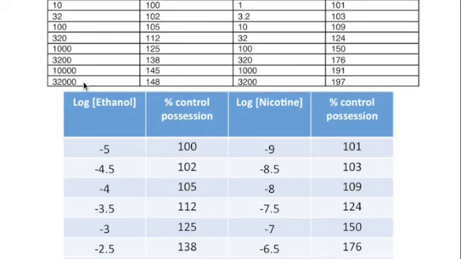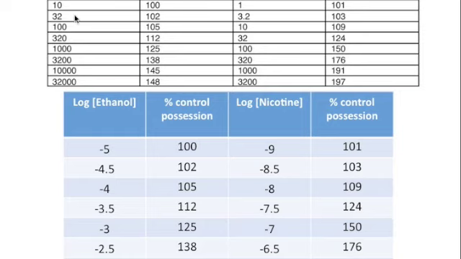To make the data comparable, the first thing you need to do is to convert nanomolar and micromolar into molar concentrations, and then you take the log values. I've done that in the table down here. You can see that we've got 1 nanomolar nicotine. The log, when that's converted to molar, is -9, because 1 nanomolar is 1 × 10⁻⁹ molar.